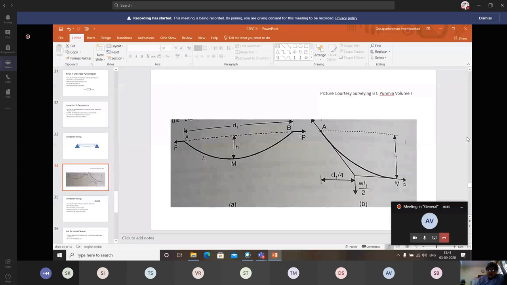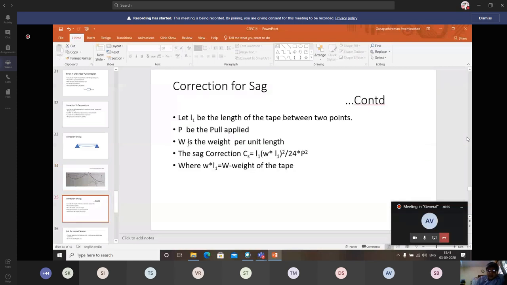And w, I think I made a mistake, it should be small w. w is the weight per unit length. For per meter length of the tape, what is the weight of the tape? The sag correction, Cs, is given by w into L1 whole square by 24 P square. What is the P here?